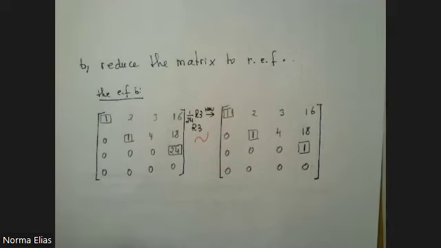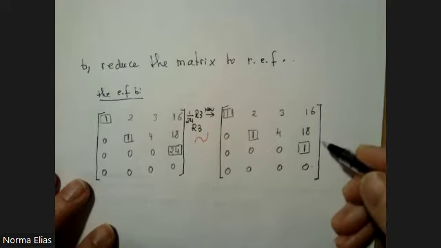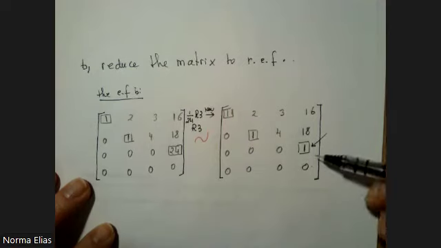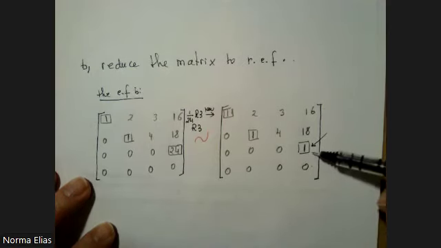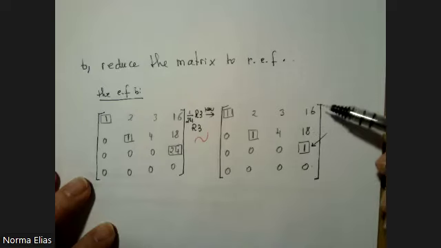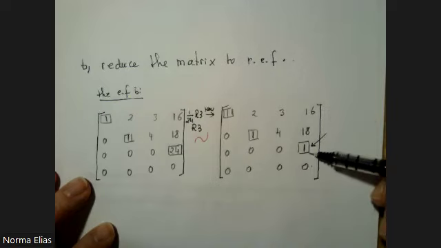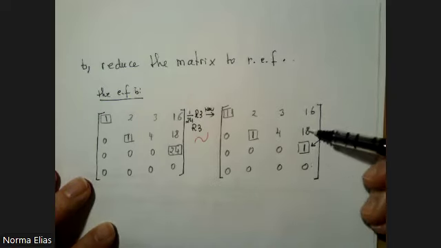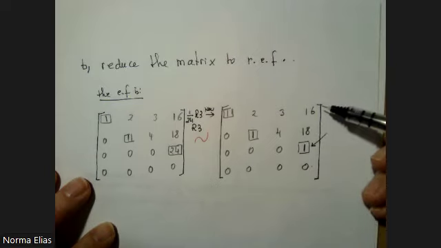Now I want each leading to be the only non-zero in its column. What is the fastest way to do it? The fastest way to do it is you start with the bottom leading, the one to the far right and to the bottom. Then we will use this leading to create a 0 here and a 0 here with row operations.